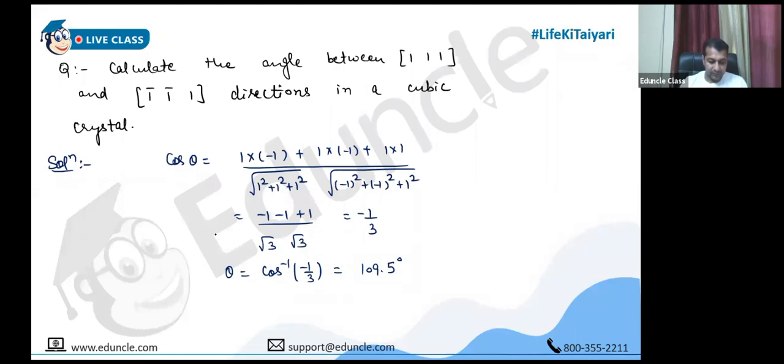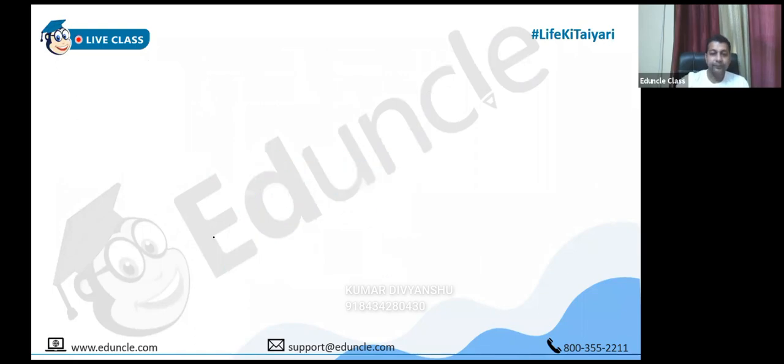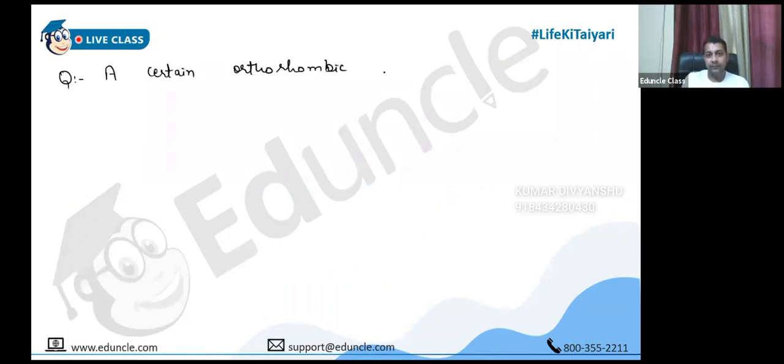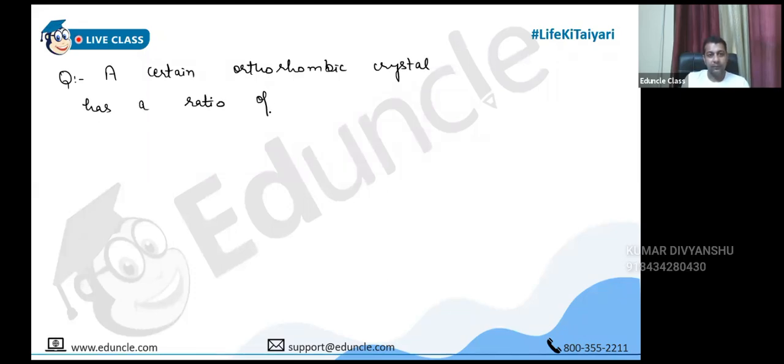This one type is somewhat different from the earlier ones. A certain orthorhombic crystal has a ratio A is to B is to C of 0.429 is to 1 is to 0.377.